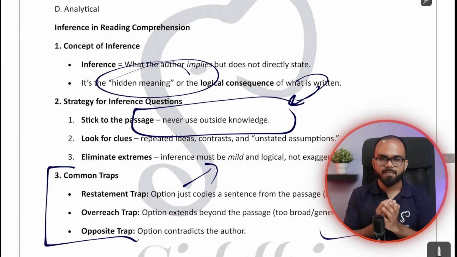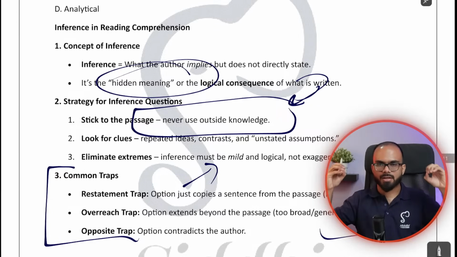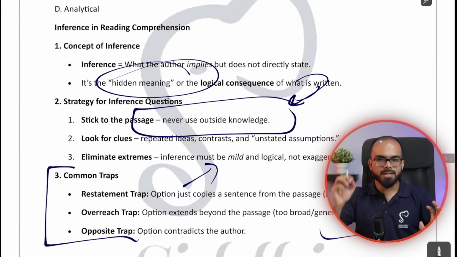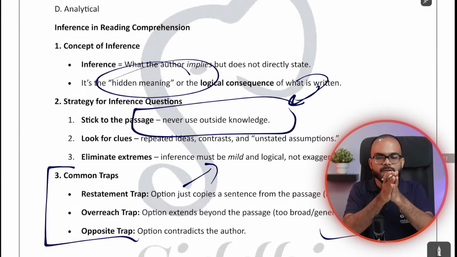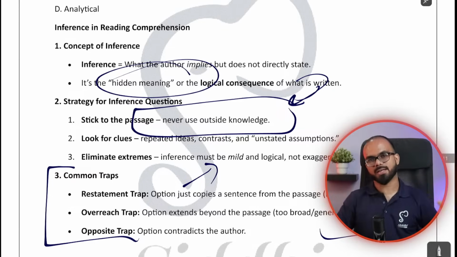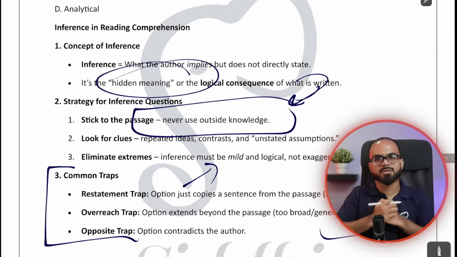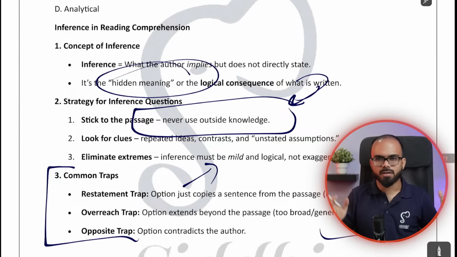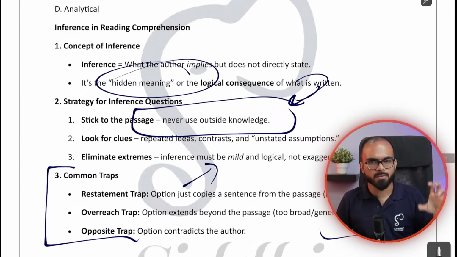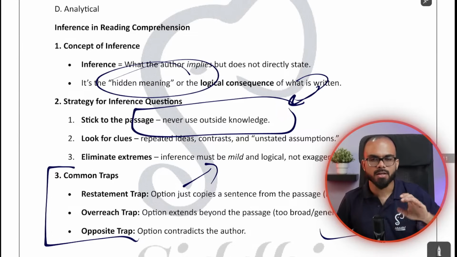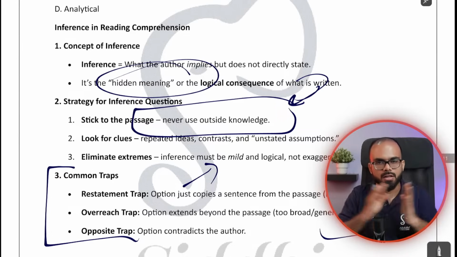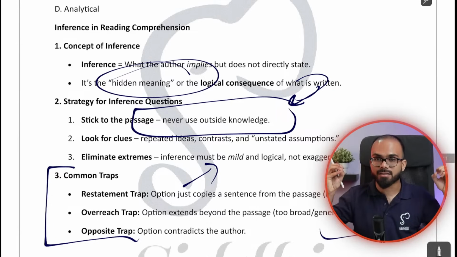For example, let's say the RC talks about climate change that is happening because of pollution. Now, in the answer choices, you will have a very wide answer choice. For example, climate change is because of the entire human activity. Now, this is very broad. Whereas the original RC is focused upon climate change because of pollution, and your answer is saying that the climate change is because of all the human activity, such answers are extremely wrong.